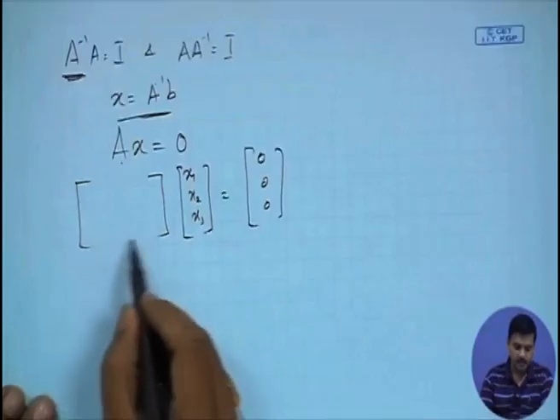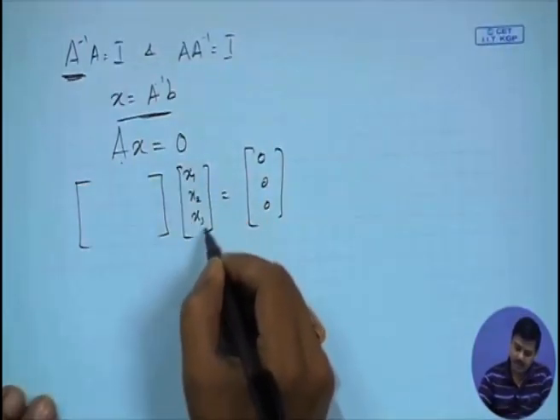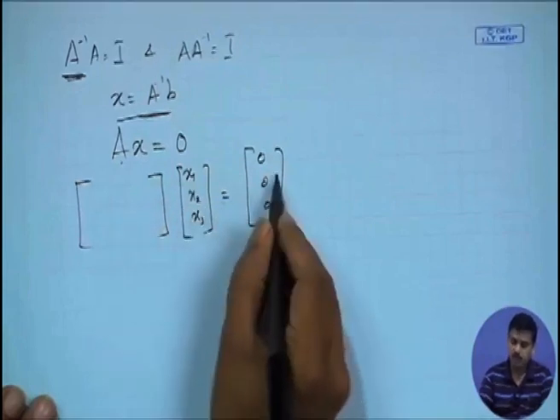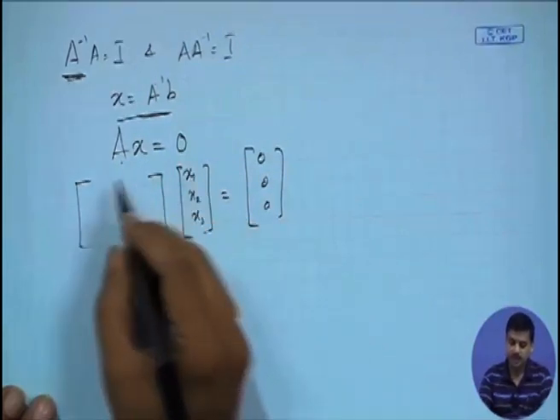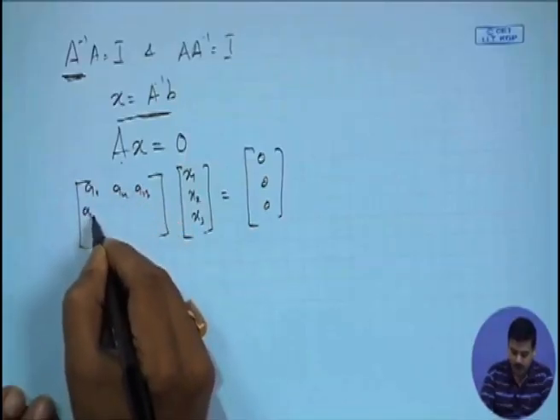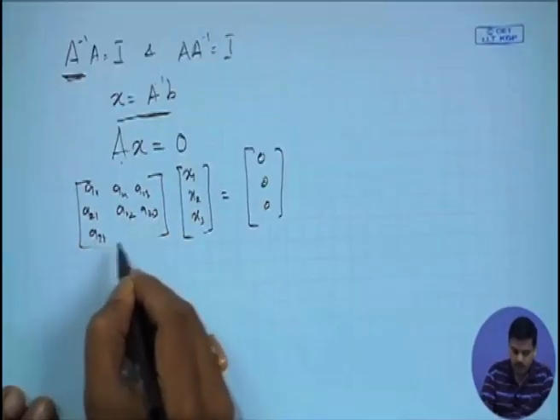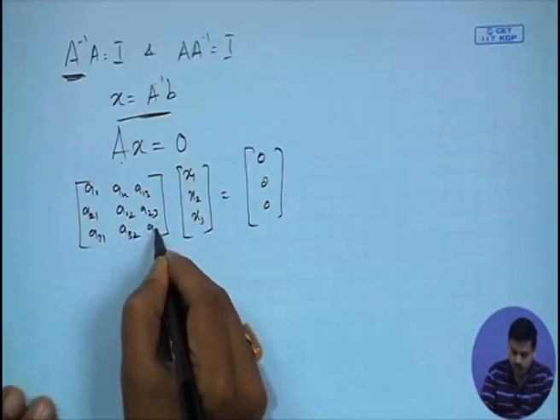I have a certain matrix over here. So in this case, one possible way of getting 0 is I put X as 0, because this is A11, A12, A13, A21, A22, A23, A31, A32, A33.